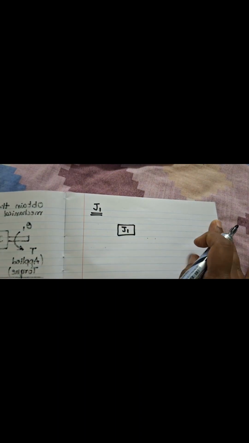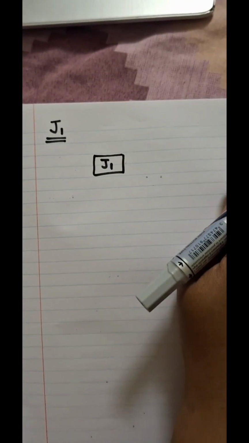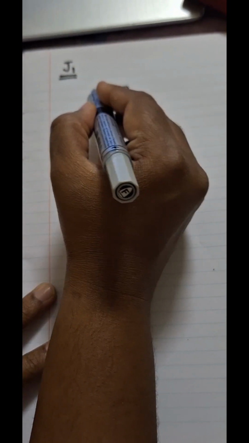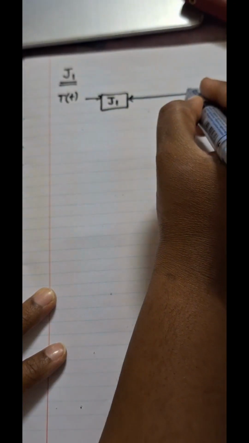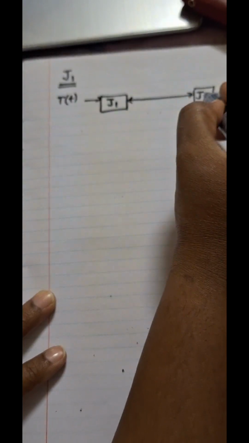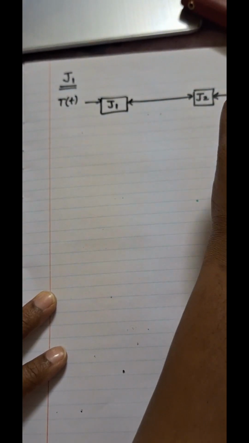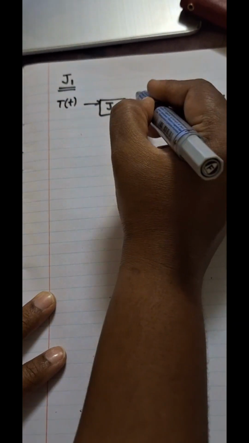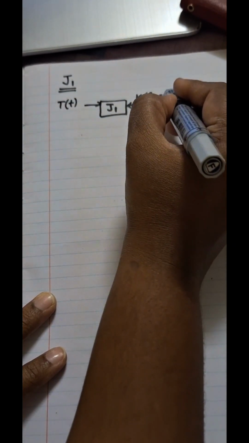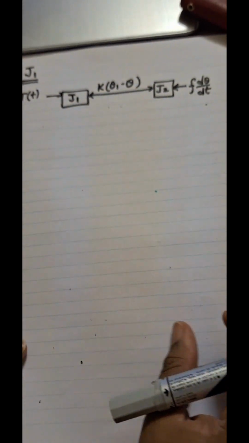J1 is there, then to J1 you have the connection T of t, then K is the connection between J1 and J2, and here damper F d theta by dt is there. K is in between, so we are saying theta 1 minus theta, right? So this is our picture.